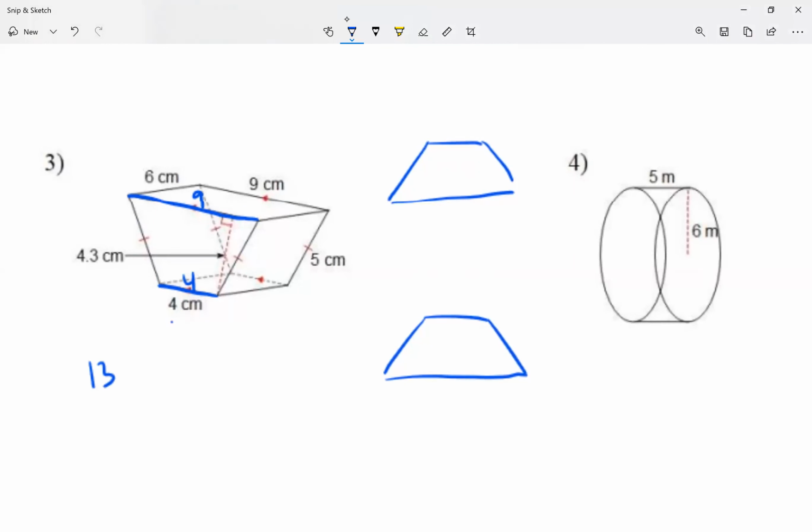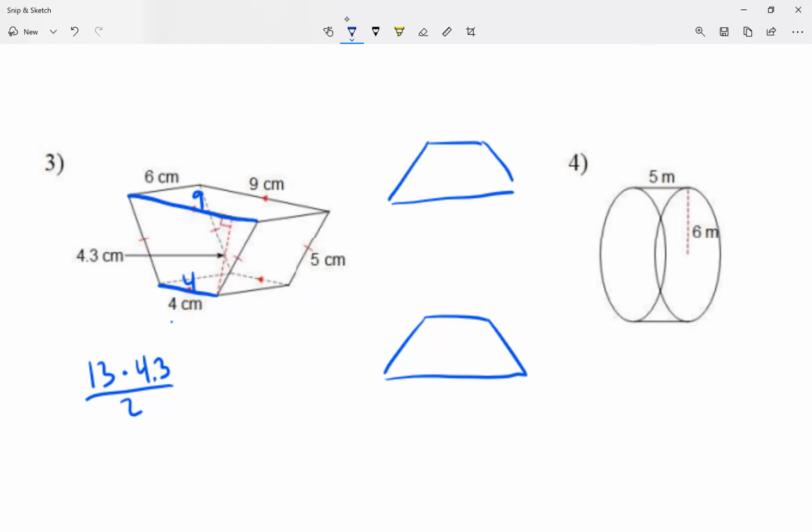I have to multiply this by the height, which is 4.3, right? The distance between the bases. And then I have to divide this by 2. I'm going to go 13 times 4.3 divided by 2.